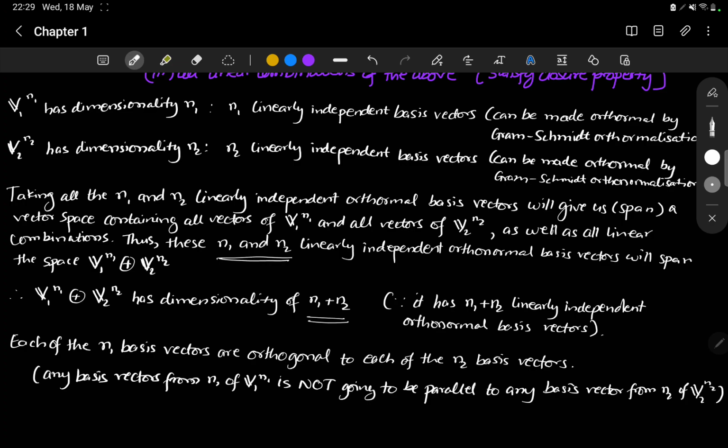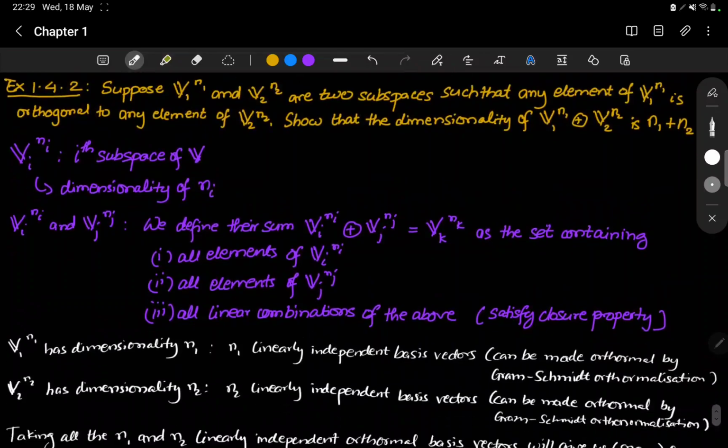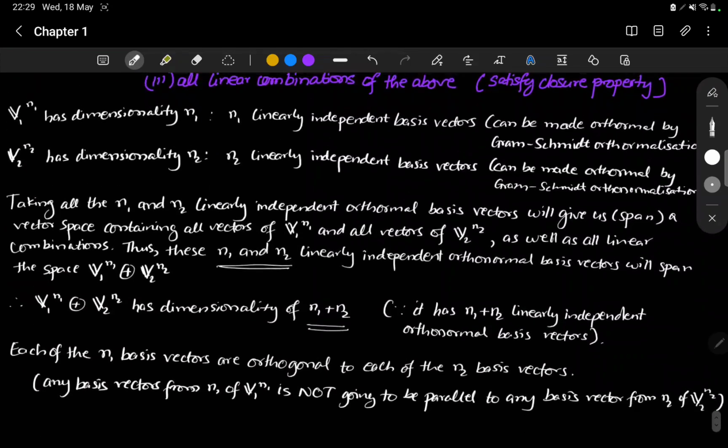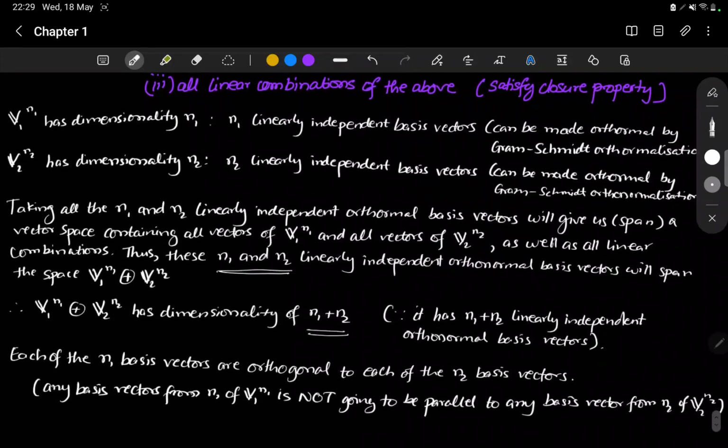So the orthogonality of each of these elements is being used when we make the statement of collecting N1 basis vectors from the first vector space and N2 basis vectors from the second vector space, and adding them up together, combining them to get the dimensionality of N1 plus N2. So this is a very important point which is necessary.